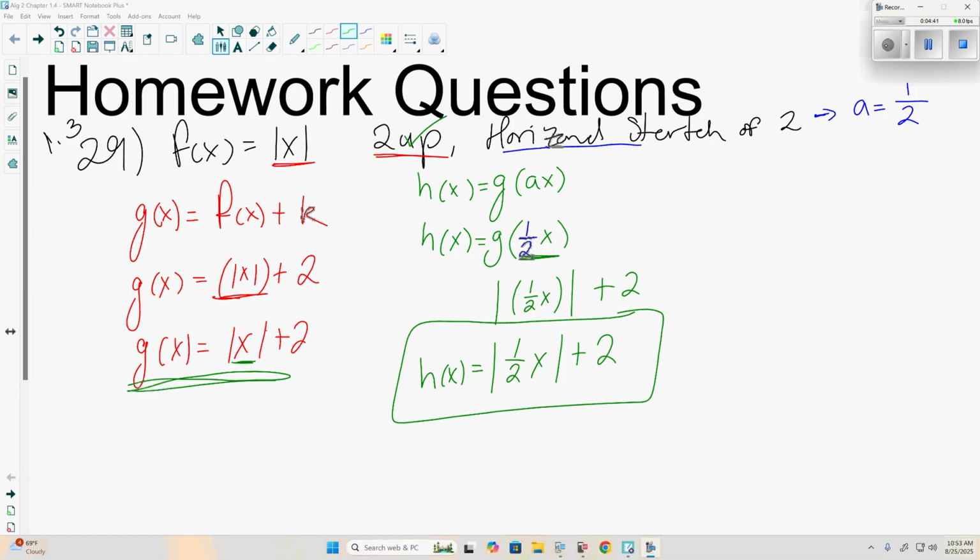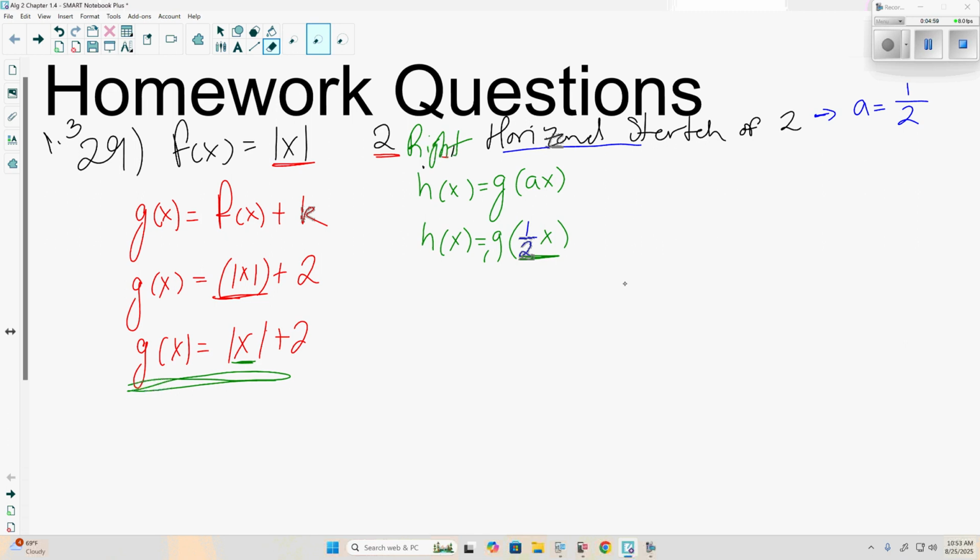For this problem, if it was up 2 and a horizontal stretch of 2, this would be the function. But as I'm looking at this now, it was not up 2, it was right 2. So I'll erase that.